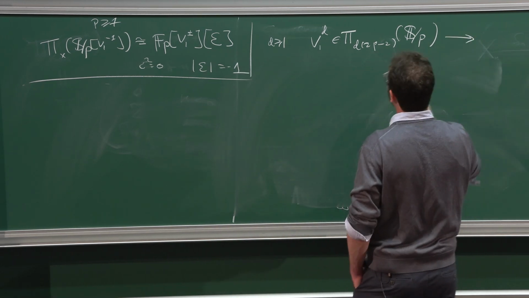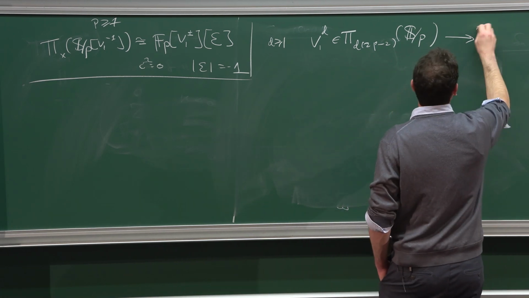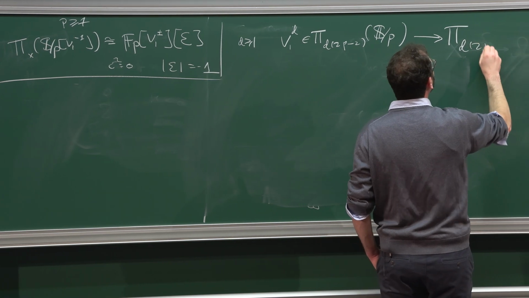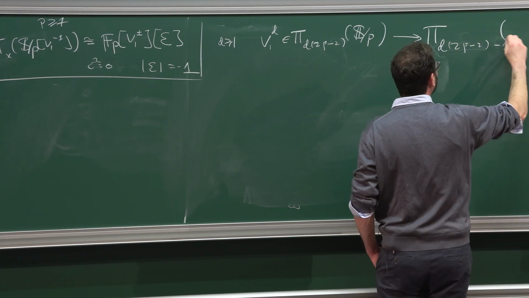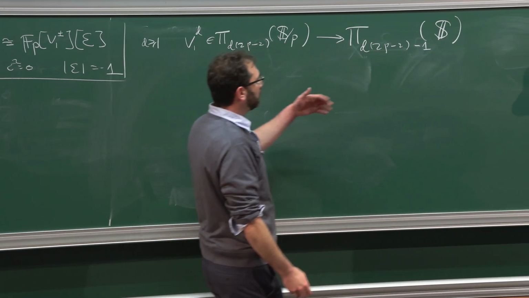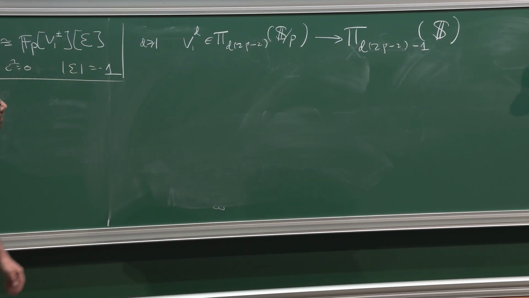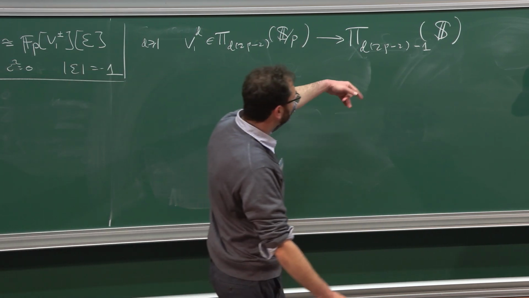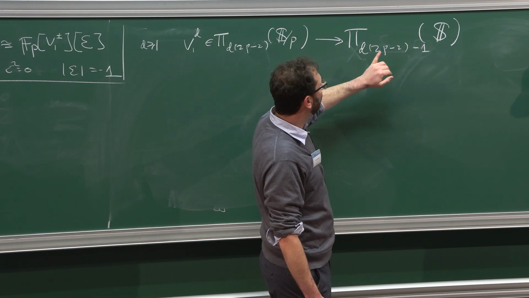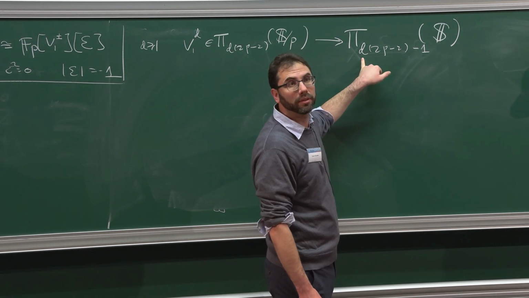And now I have this connecting map from over there to degree D times 2p minus 2 minus 1 of the sphere. So this suggests that I can find P torsion classes in all of those infinitely many degrees.